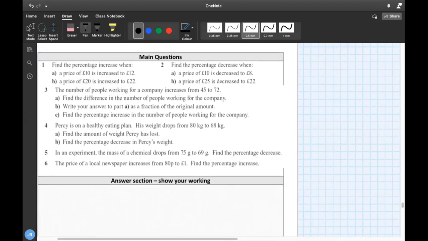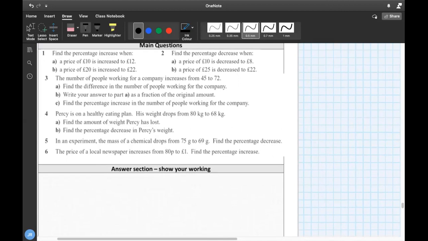Okay then, so key thing here is I need to work out what the difference was between the original price and the new price. So for question 1A, I'll do that down here actually, question 1A. Okay, so 1A. Price of £10 is increased to £12.